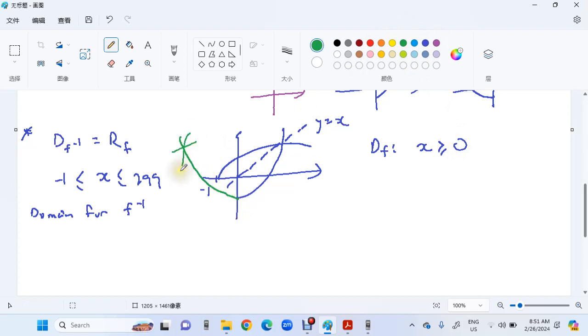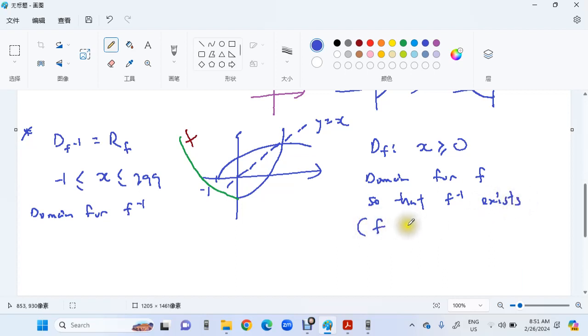This one is no longer here. We don't want this part, we want this part only. So this is the domain for f so that f inverse exists, so that f becomes a one-to-one function.